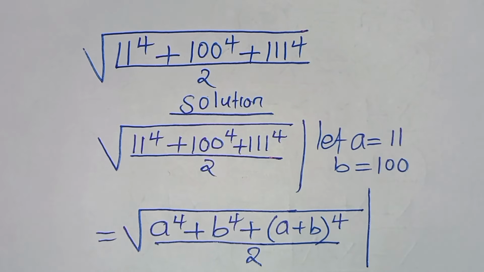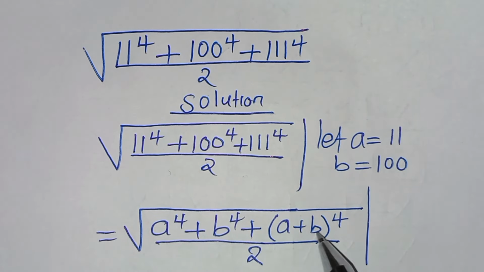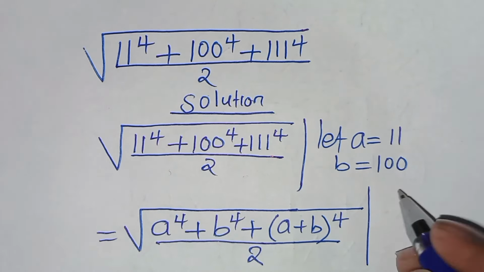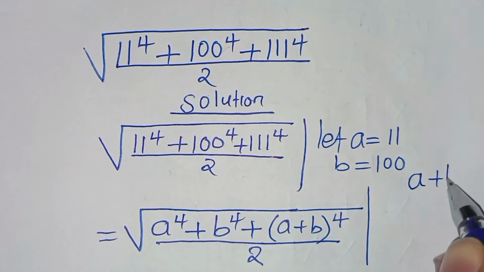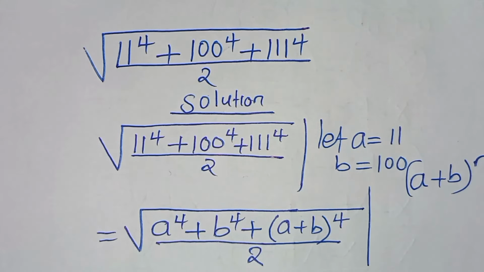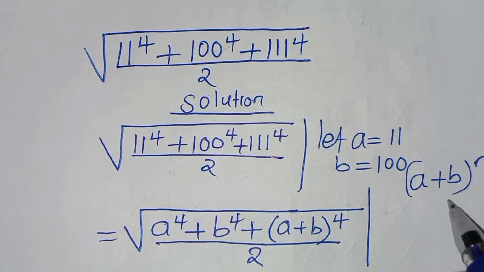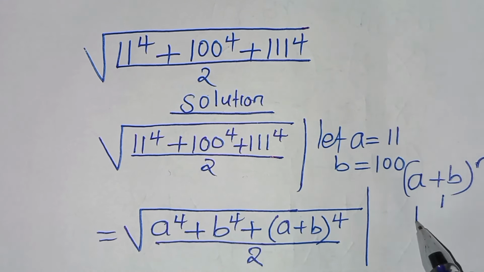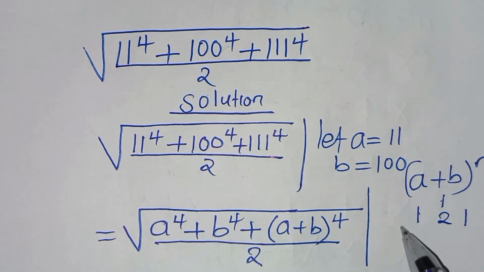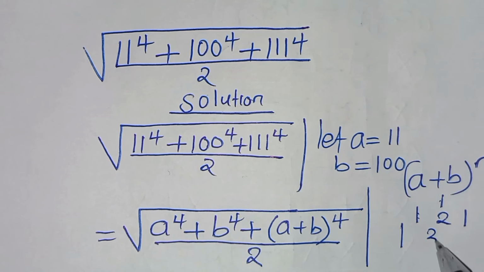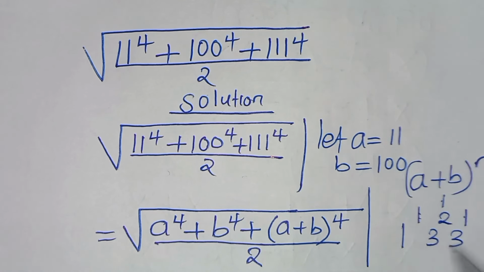So the next step, we have A plus B raised to the power 4. We can expand this by applying the binomial expansion. If you have A plus B raised to the power of n, and we expand by a power of 2, for instance, we will have 1, 1 plus 1 is 2, then 1. For A plus B raised to power 3, we have 1, 1 plus 2 is 3, 2 plus 1 is 3, then 1.